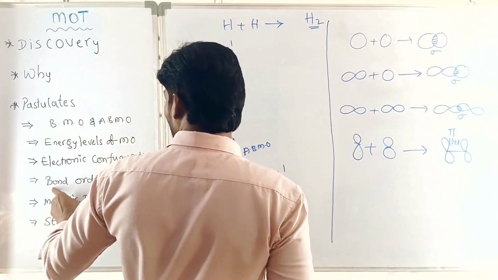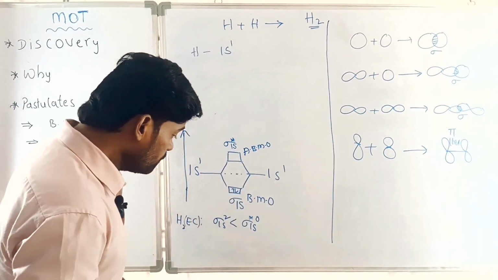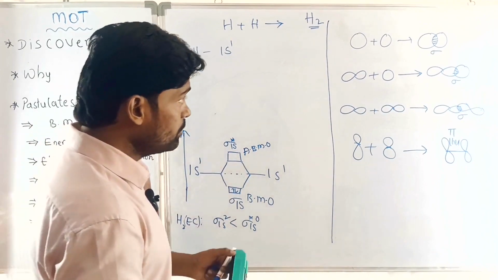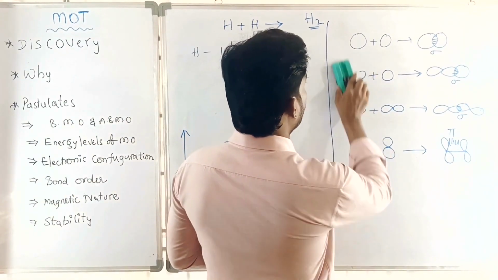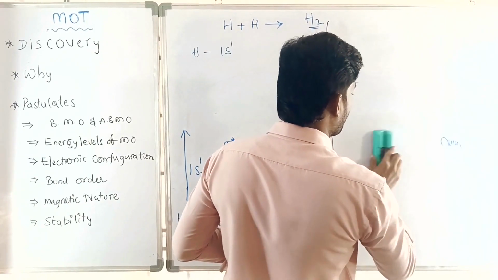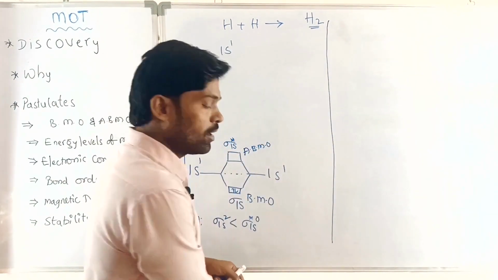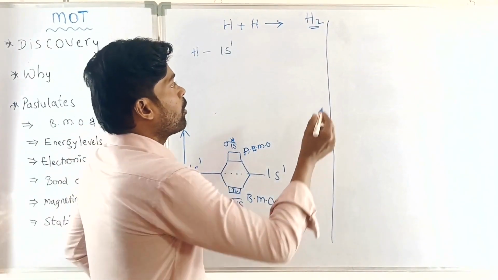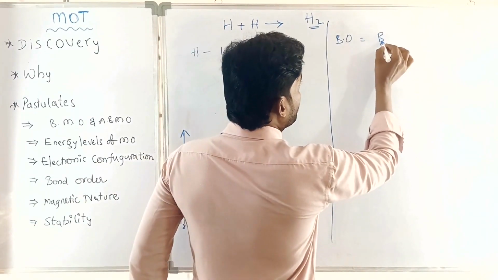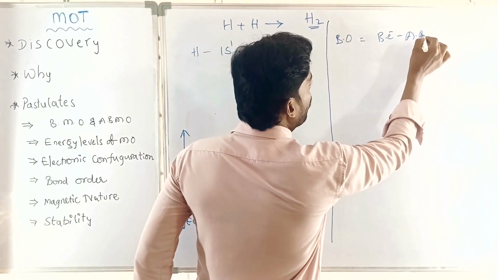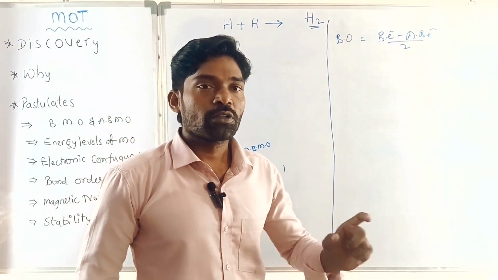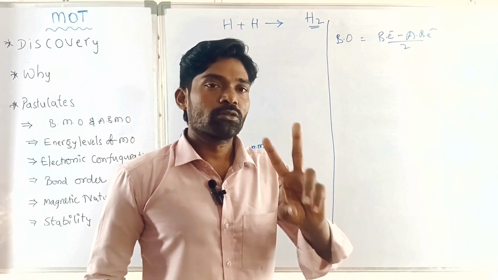What extra points will MOT explain? It can explain bond order also, and how bond order can be calculated using MOT. Bond order equals bonding electrons minus anti-bonding electrons divided by 2. This formula gives the bond order between two atoms.